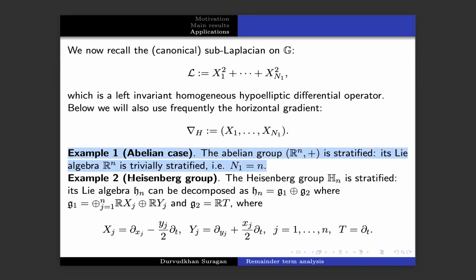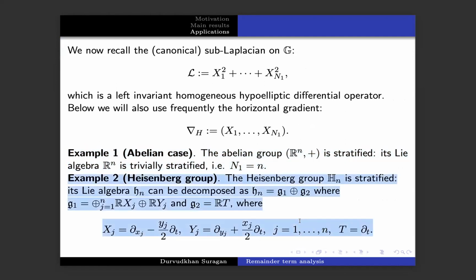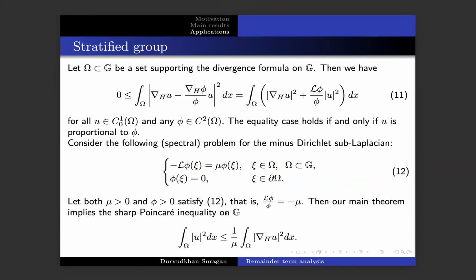On Heisenberg groups, it's also known, through the so-called nodal domains, that positivity of the first eigenvalue holds. So the good news is that it's not an empty conclusion, and at least it gives the sharp Poincare inequality on the Heisenberg group.